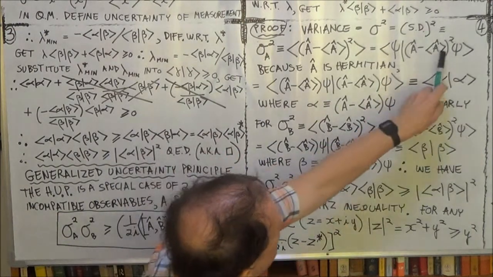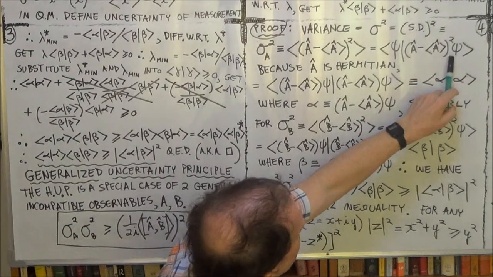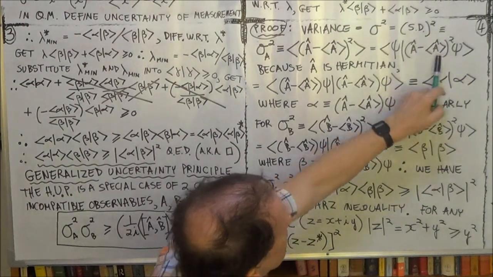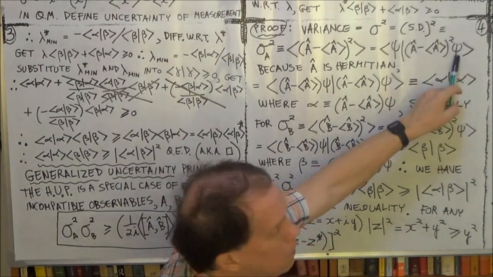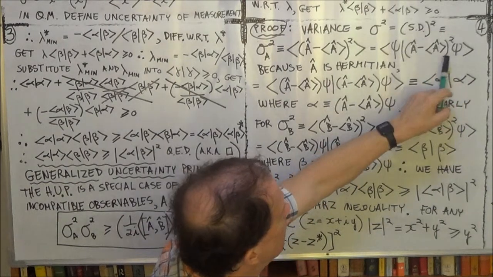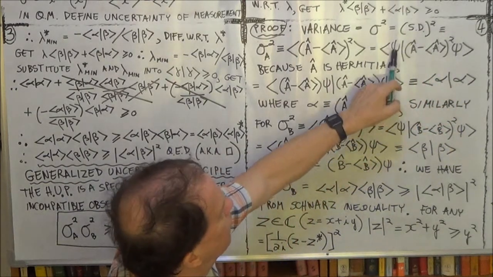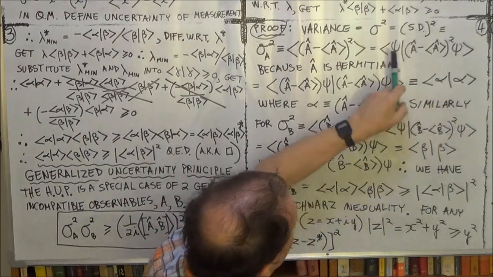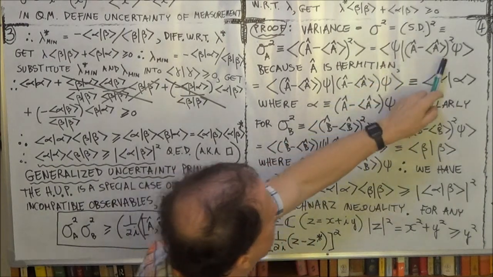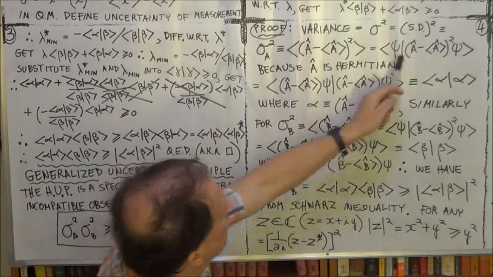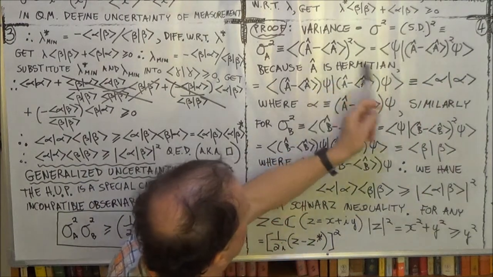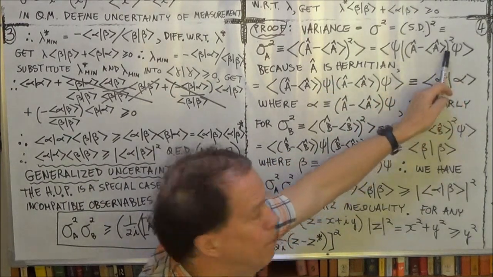So I could have put in another vertical line, because this operating on the ket is just the same as if this were operating on the bra. You could put this here. I could have put another bar here, but anyway, I've left this operator operating on the ket.